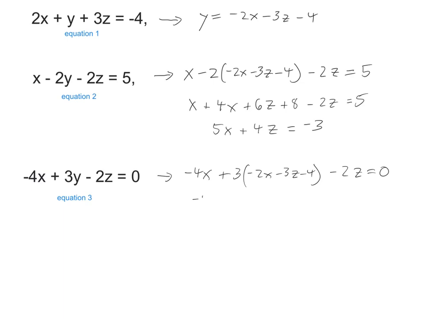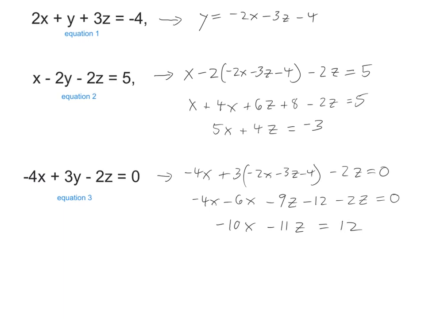So we get negative 4x minus 6x minus 9z minus 12 minus 2z equals 0. And now combining some terms, I get negative 10x minus 11z, and that's going to equal 12.